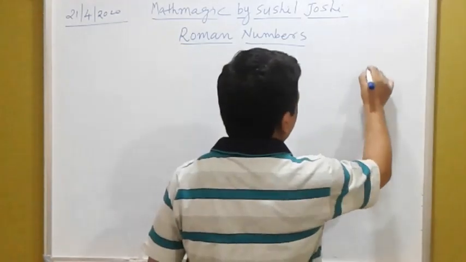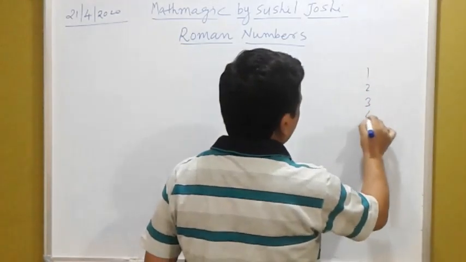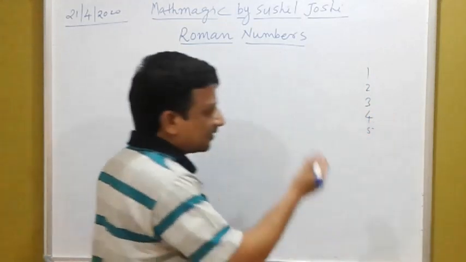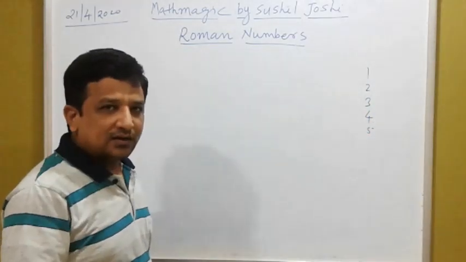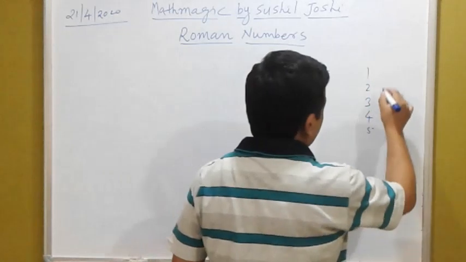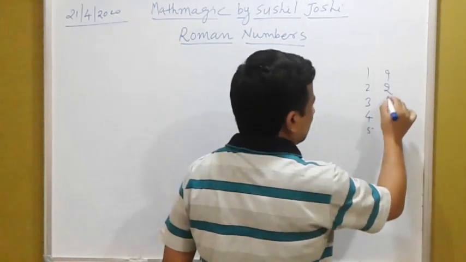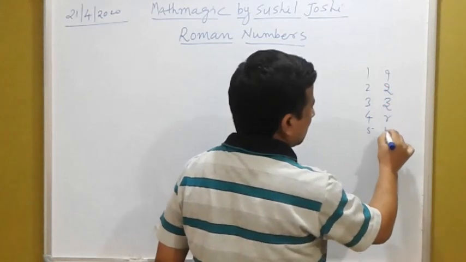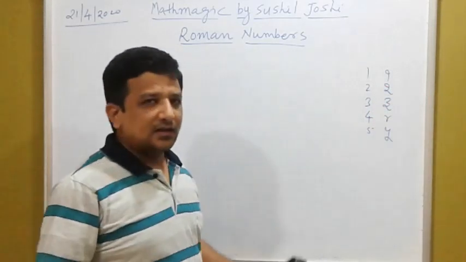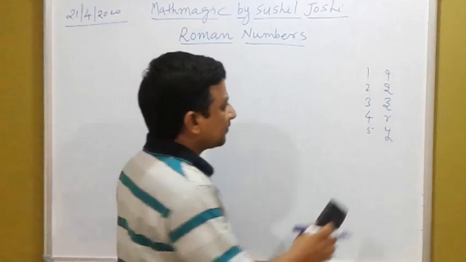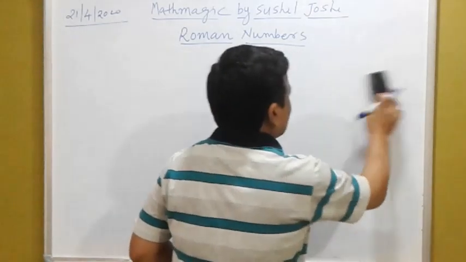We generally write 1, 2, 3, 4, 5. These are called the Hindu-Arabic numbers. In the Indian system, we can also write 1, 2, 3, 4, 5 in Devanagari Lipi. So what are Roman numbers?